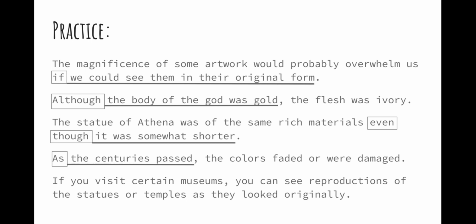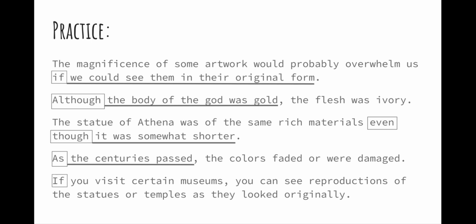The last example. If you visit certain museums, you can see reproductions of the statues or temples as they looked originally. Now, this sentence has a lot of depth to it. This is the type of sentence that I want you to start using in your writing. This has two dependent clauses in it. Let's see if you can find both of them. First, let's look for those conjunctions. Do you see any of them? Hopefully you see if.